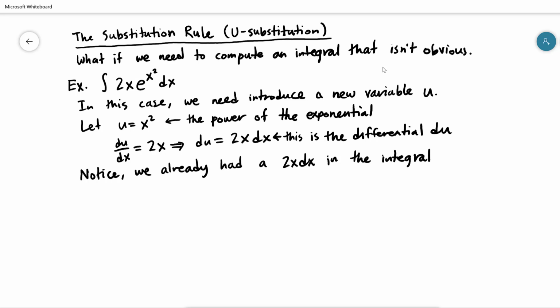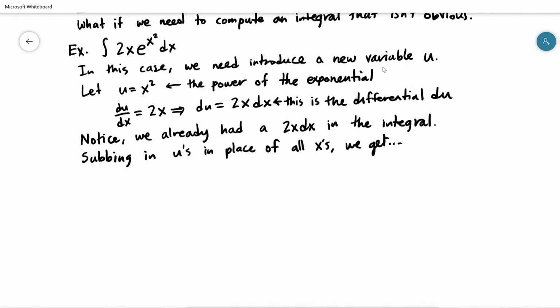So if we go in and substitute all of these terms in, subbing in all the u's and the u related terms in place of all the x's, we get a new integral. And that integral looks like, so I'm still going to have my integral symbol, that e to the x squared part, that's going to now just be e to the u, right?